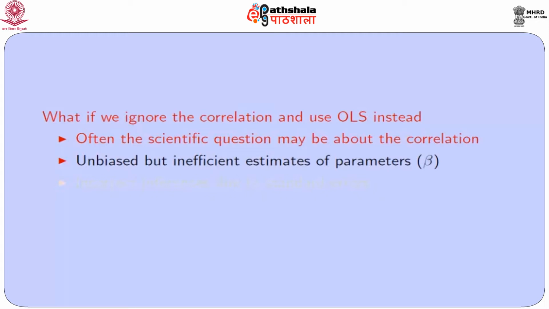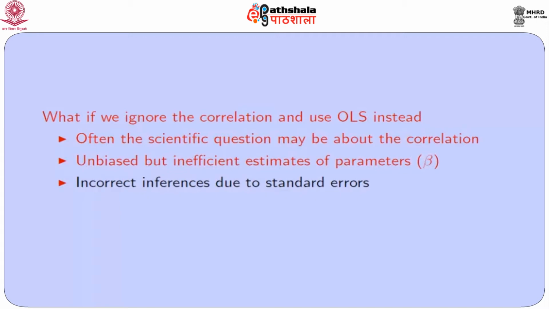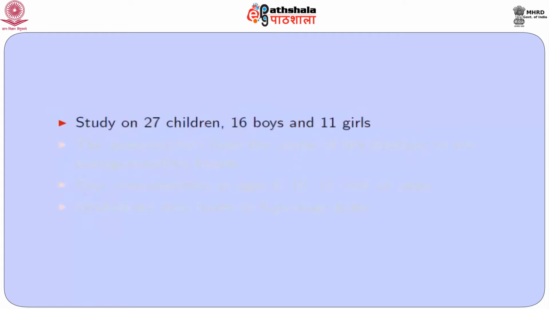It won't be exactly precise. And finally, this would lead to incorrect standard errors, and so the inferences based on standard errors would then be incorrect. So as an example, let's say the famous data by Potthoff and Roy called the orthodontic data.